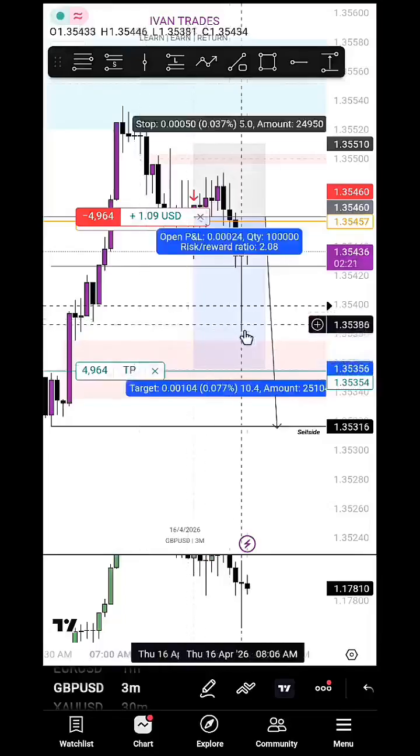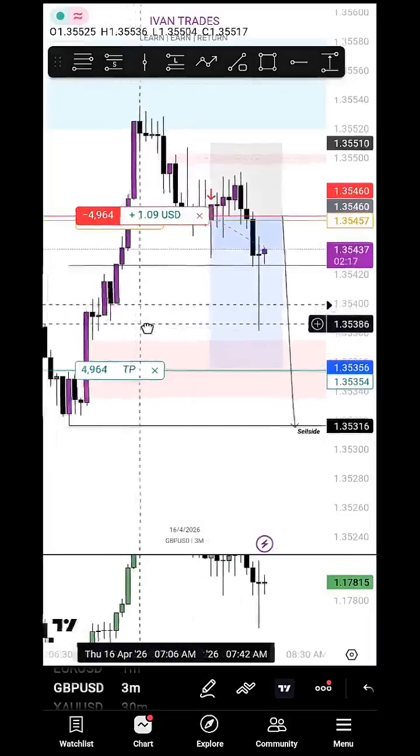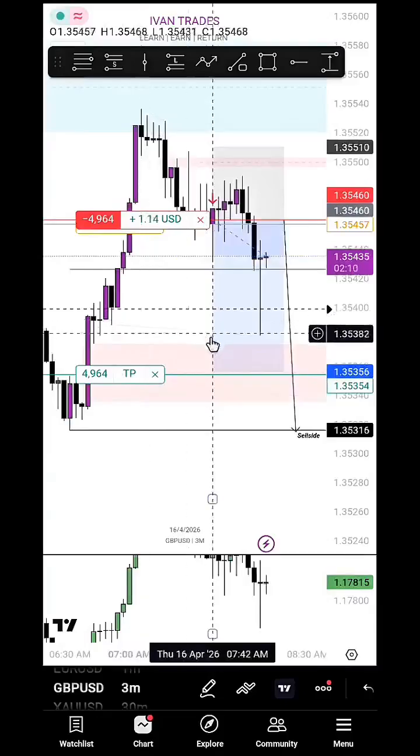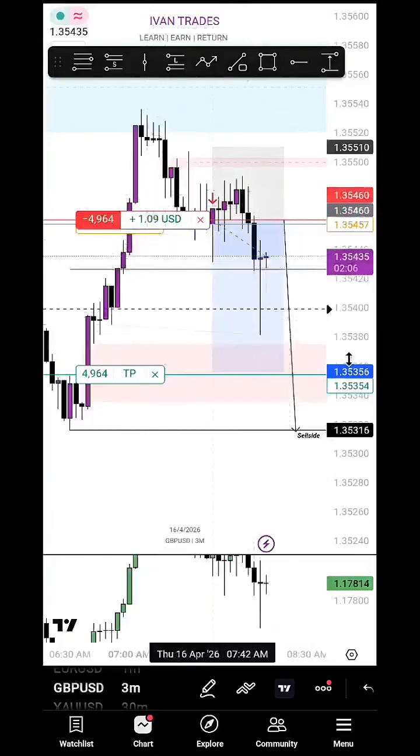Here there is a discount. It shied away from it. But it doesn't remove the fact that price reached the discount.